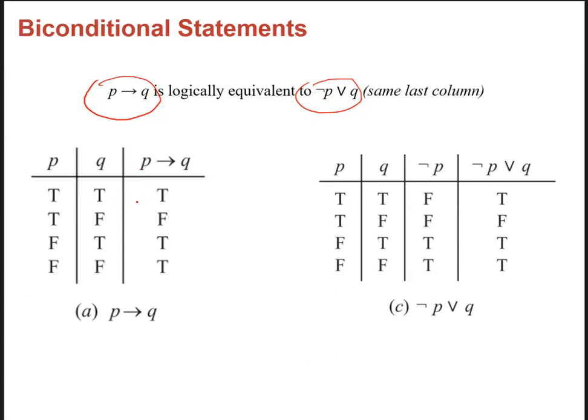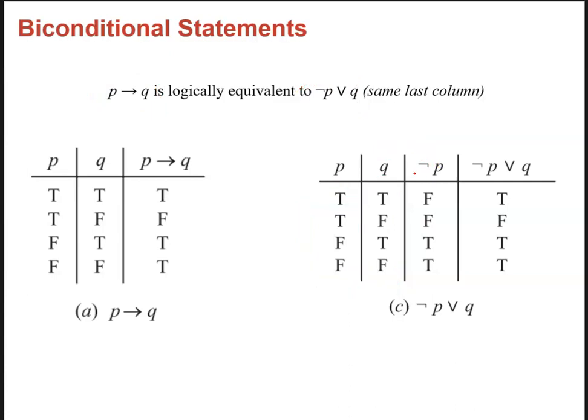We know the truth table we just discussed. You can construct the truth table for not P or Q. Again, you start with P as true, true, false, false, and Q goes true, false, true, false. Since you want not P or Q, you need to add a column for not P.